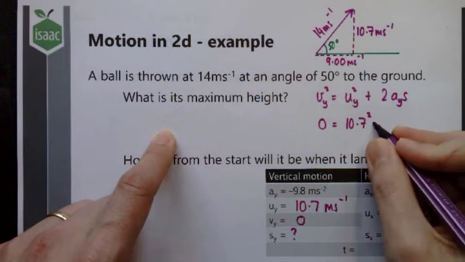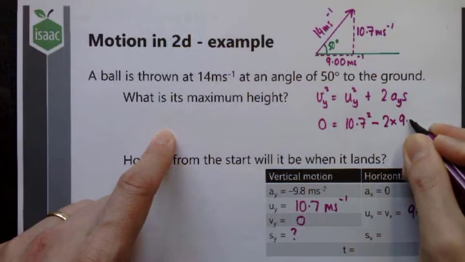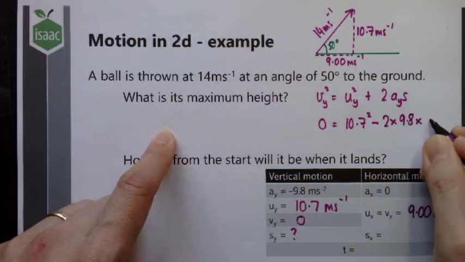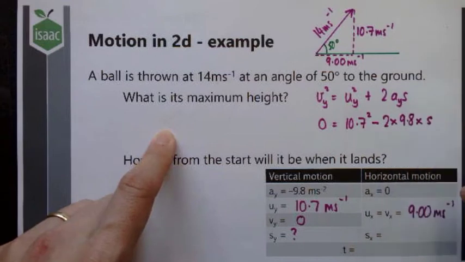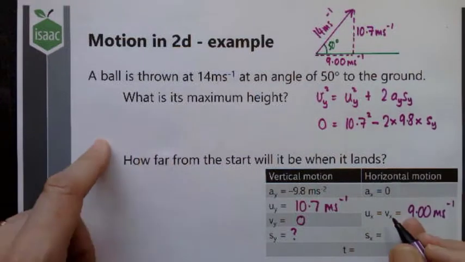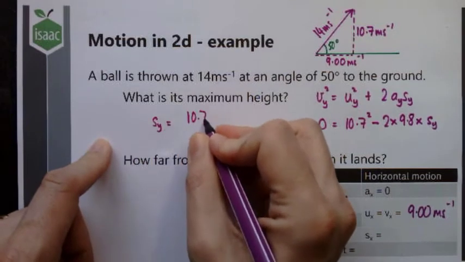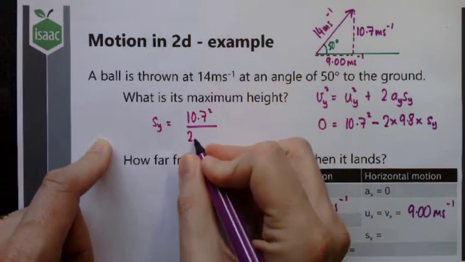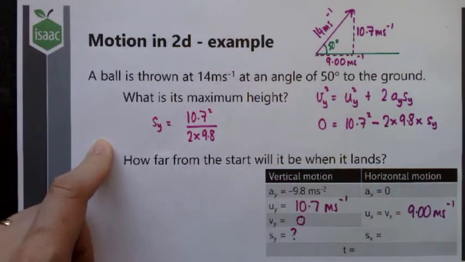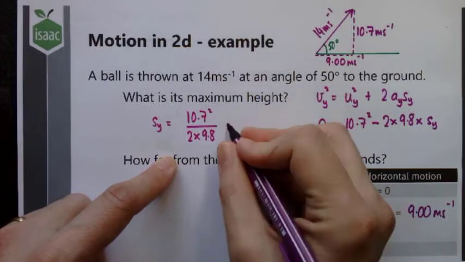Now a is negative, so I'm going to change that plus sign for a minus sign to take that into account: 2 times 9.8 times sy, so that enables us to work out the height. Rearranging, the maximum height sy will equal 10.7 all squared divided by 2 times 9.8. So 10.7 all squared divided by twice 9.8 gives an answer of 5.84.